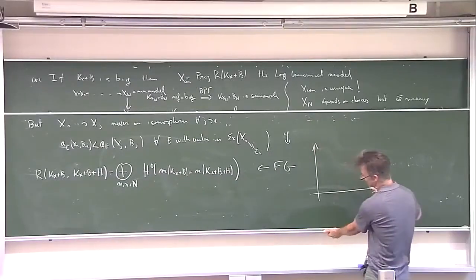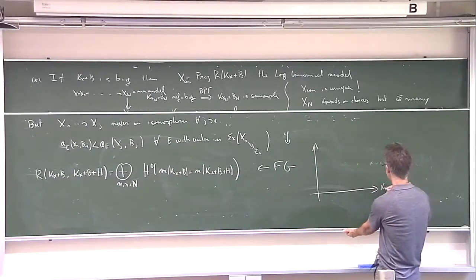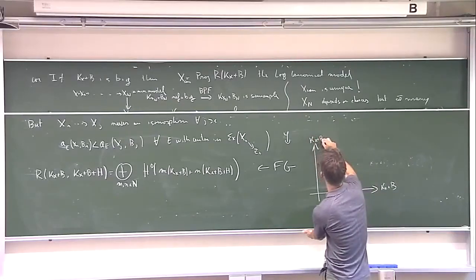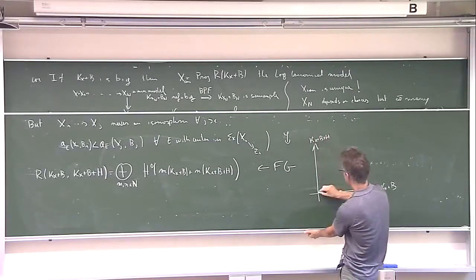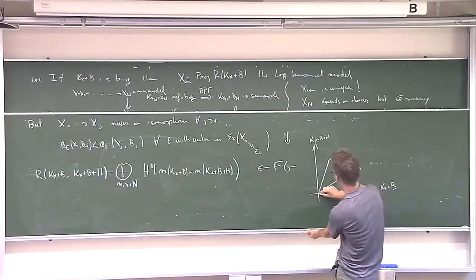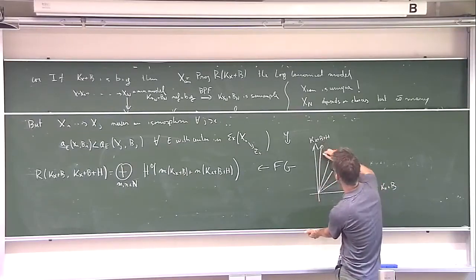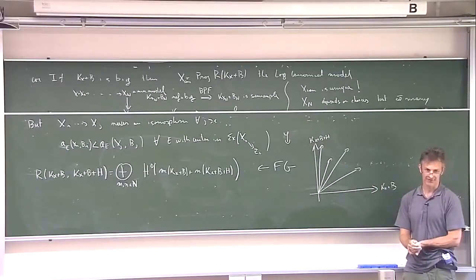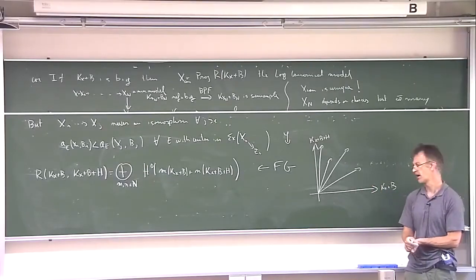So if you believe that this thing here is finitely generated, you sort of visualize it as corresponding to two axes. One corresponds to kx plus b, and one corresponds to kx plus b plus h. And the generators are lying in a whole bunch of degrees, but in finitely many spots.